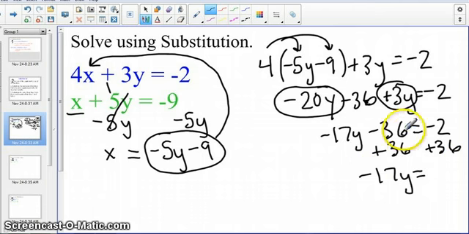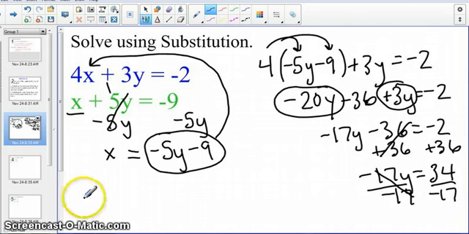And then, on the left side, those cancel out because they add up to 0. This will be 34. Divide by negative 17. So y equals negative 2. You have your y.